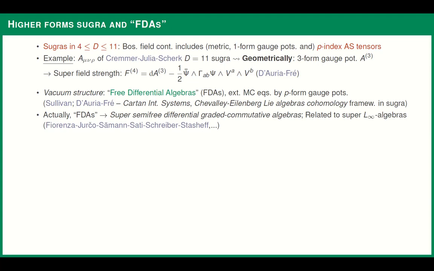Still, it would be interesting to see how, within this approach, it can be translated, because in the end it has to be compatible with whatever superspace approach, and to really understand its relation with other approaches in superspace. Okay, thank you.